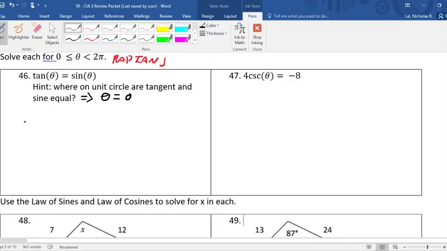We can rewrite the tangent of theta as the sine of theta over the cosine of theta, and this is going to be equal to the sine of theta. All right. Then we can divide each side by the sine of theta.